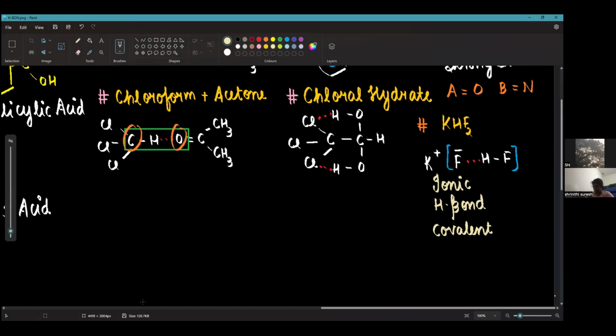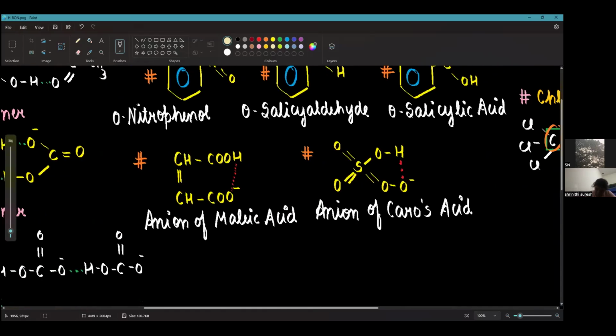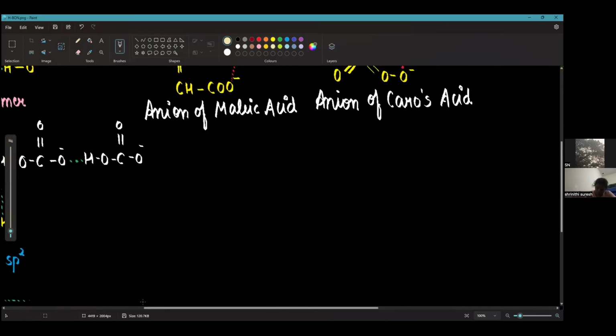Now we need to learn the applications of this inter and intramolecular hydrogen bonding. So what applications are there? So let me write down the applications over here. And this part is very important. So wherever you are writing this, just mark it important.